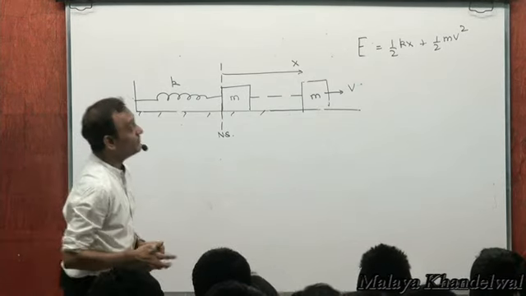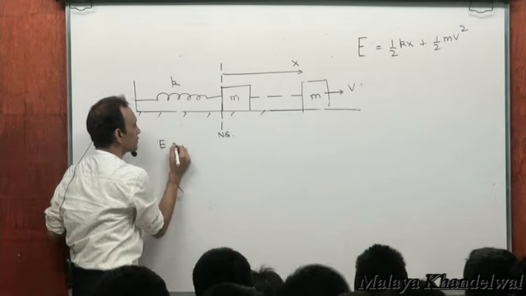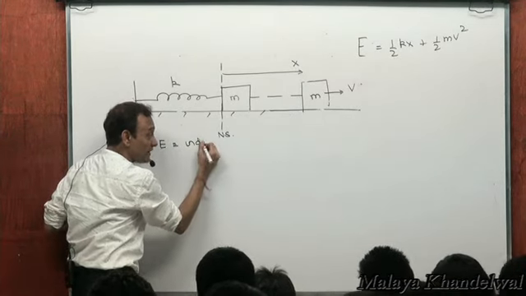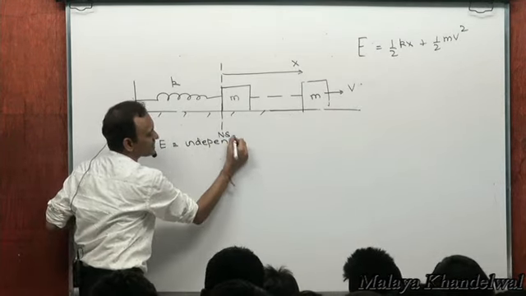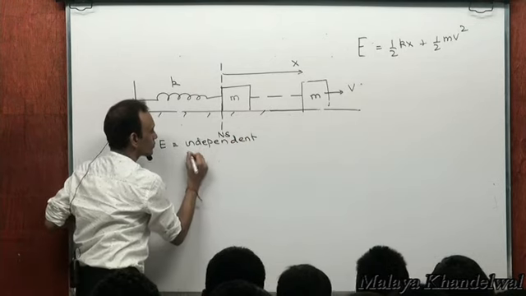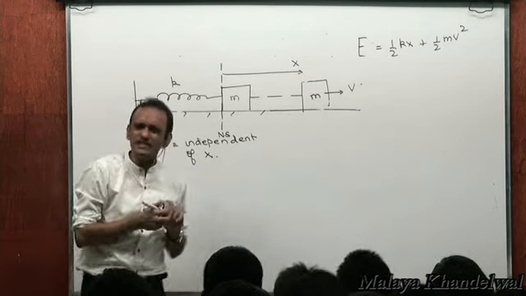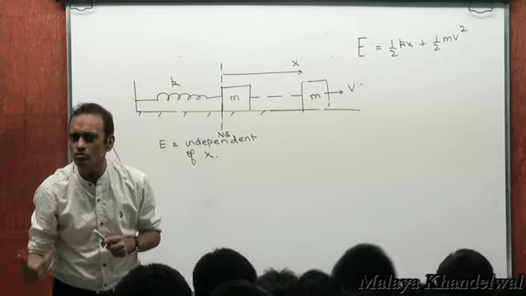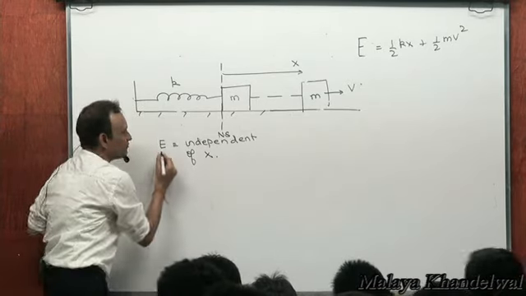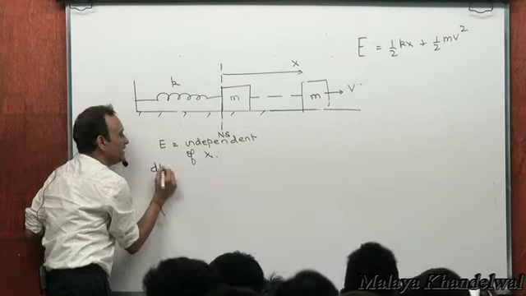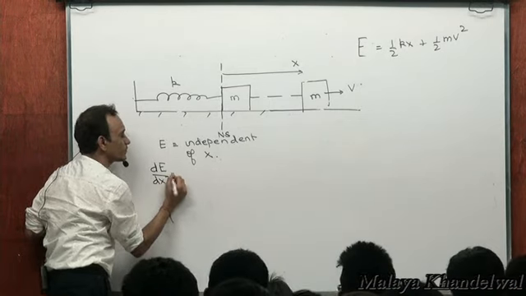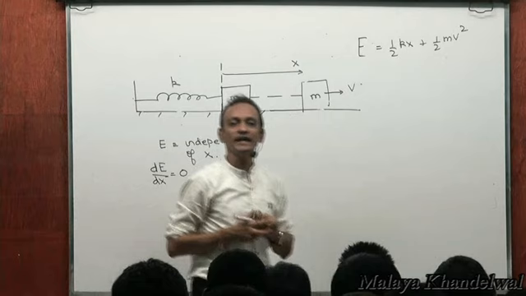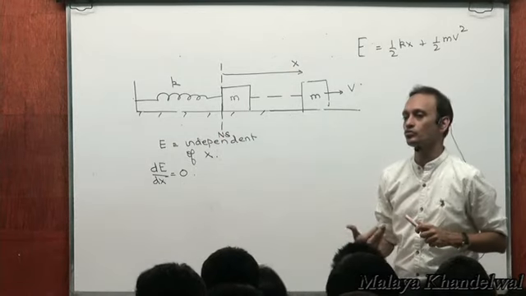E will be independent of x, yes or no? Same for all x means independent of x. That means if E does not depend on x, then dE dx must be 0.